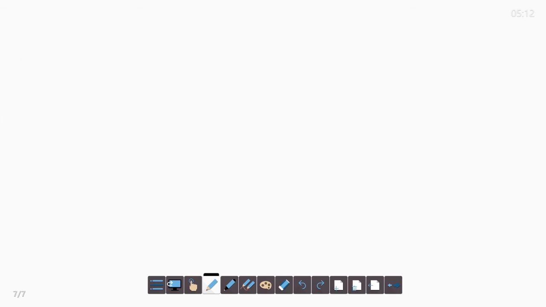So, VA is root 2 into 260 by pi 1 plus cos 30 degree, that you find out it is 218.4 volt.